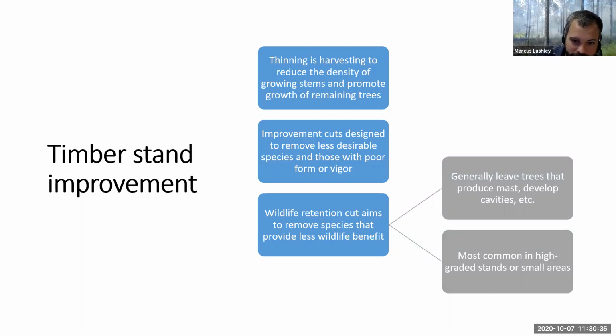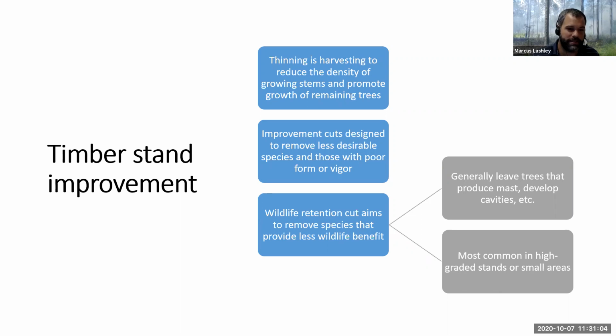because they're high quality foods, and that could be acorns or black gum, things like that producing soft mast, persimmon. We're retaining those trees, or trees that have a high propensity to develop cavities. So things like that provide wildlife habitat. Another key difference in the wildlife retention cut is we don't actually go in and harvest the timber.